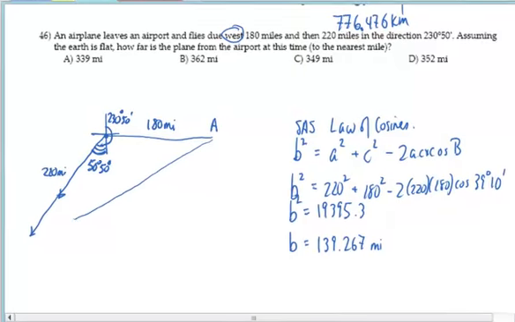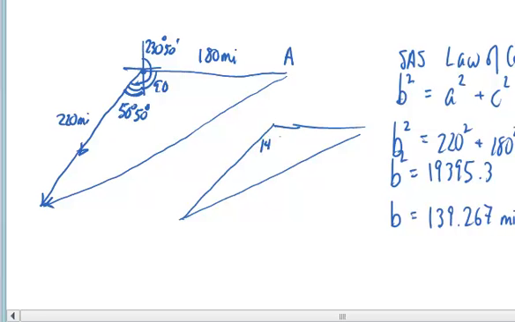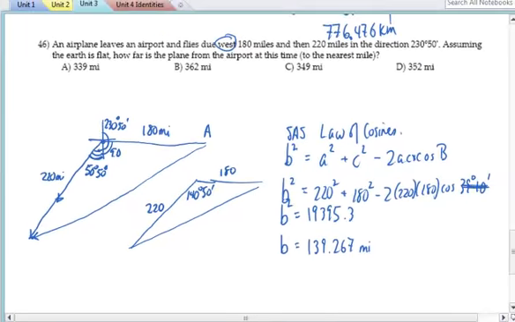And we can now compute what the distance is to this point by using the law of sines. This angle will be, because this is 90, this angle on the inside of the triangle will be 140 degrees 50 minutes. And this will be 180, this will be 220, and I can use everything in my equation to be the same as it was before.